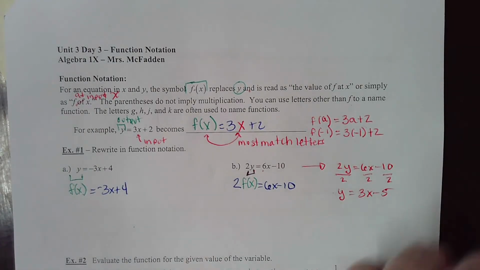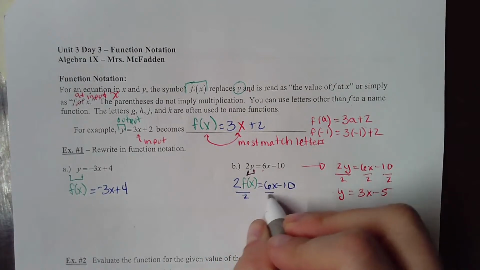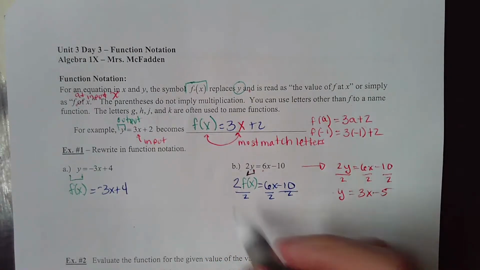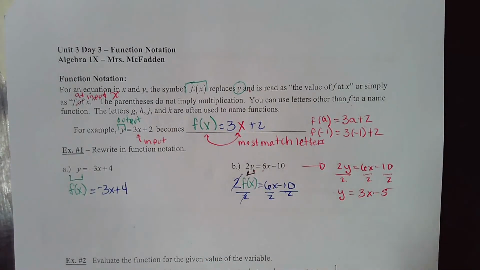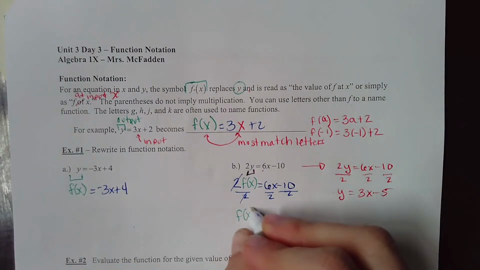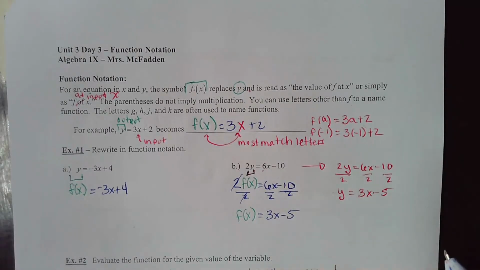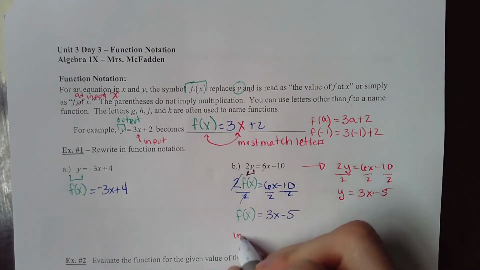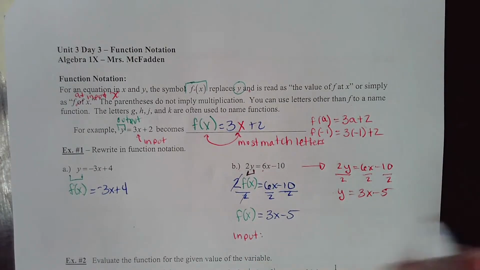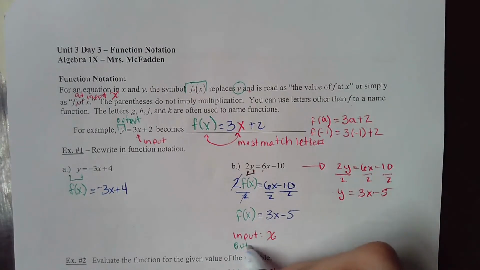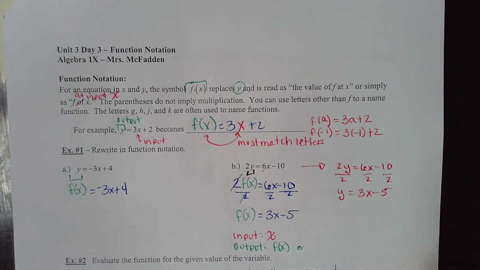Well, it turns out I can do the exact same thing over here and divide everything by 2. 2 divided by 2 is 1, so I just get f at x equals 3x minus 5. So what is my input? My input is x. What is my output? It's the whole f at x, or the expression 3x minus 5.